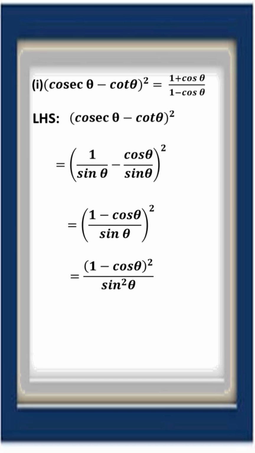Let us keep the numerator as such. Now we can write sine square theta as 1 minus cos square theta. According to the Pythagorean identity, cos square theta plus sine square theta is equal to 1. So 1 minus cos square theta is equal to sine square theta.